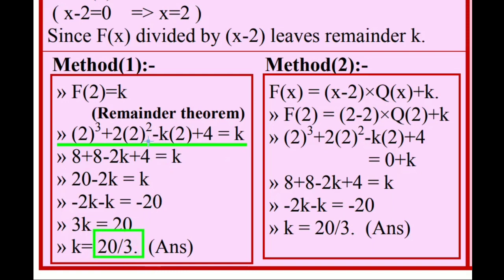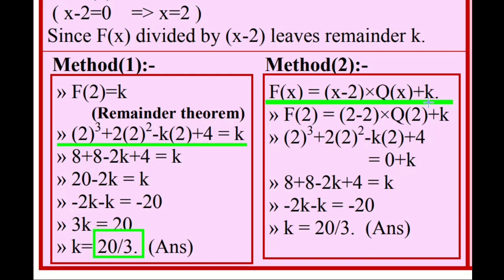Now the same process, let's see in a different way. The common term is already there, and this method 2 says that f(x) is equal to x minus 2 multiplied by q(x) plus k, and the meaning of this is dividend is equal to divisor into quotient plus remainder, and the quotient says that the remainder is k.